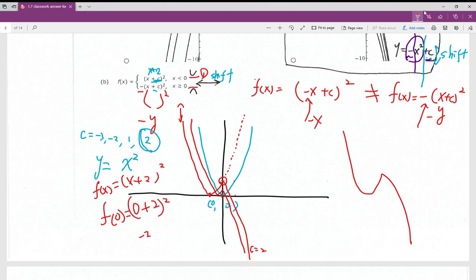I need to choose another color, otherwise everything mixes together. So c equals negative 2 means your boss takes away 2 hours, so you have to work harder. If you work harder, it becomes plus 2, right? So something like that.